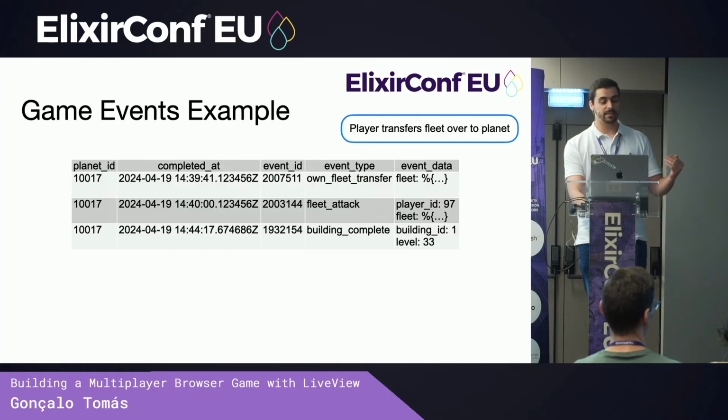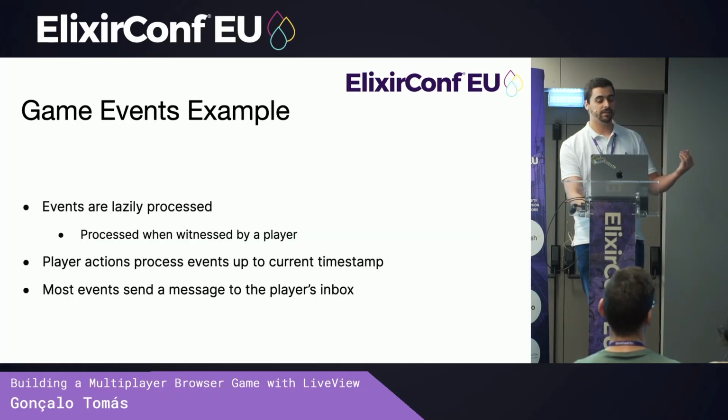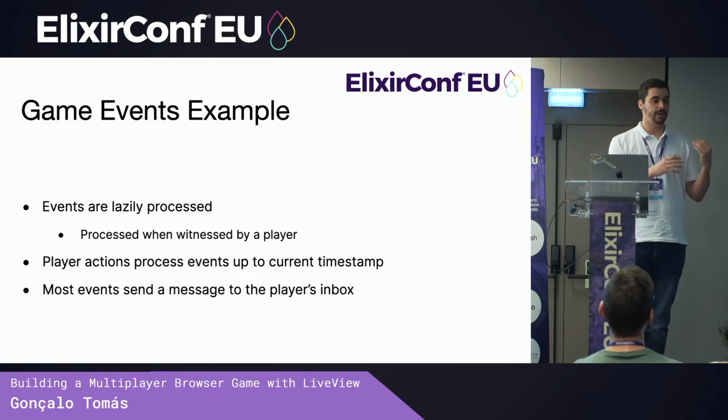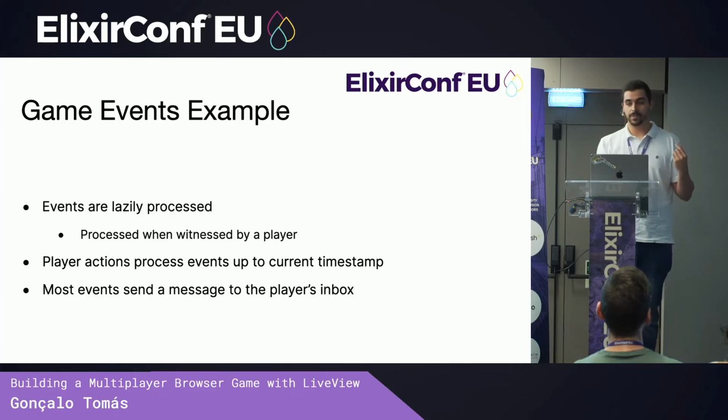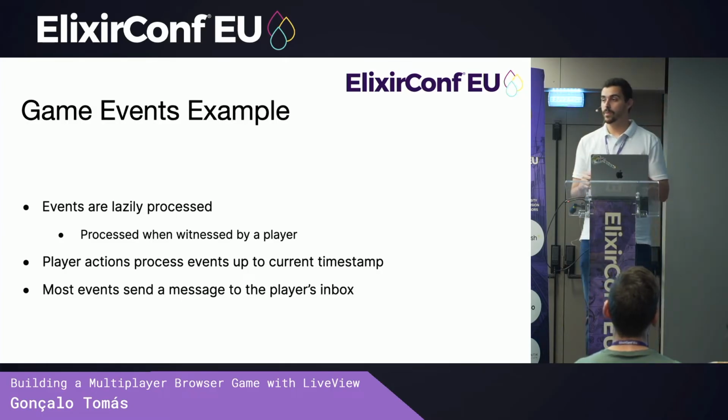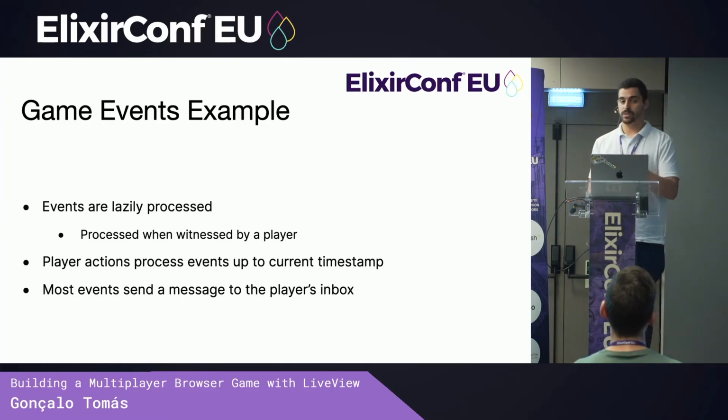So what this basically illustrates is that events have to lazily be processed. Because of the interleaving that can happen, the only way that you can do this right and not have concurrency issues is if you process events as they are kind of witnessed by players. And the way this happens is every time that you interact with some element of the game, you send a request to the server.